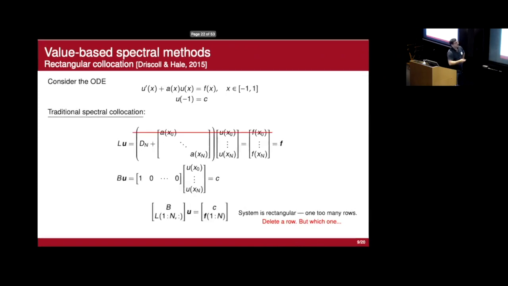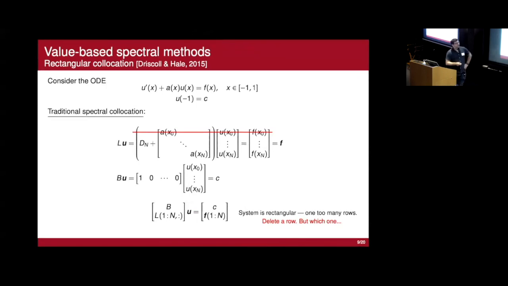Okay, well, you could say, let's just delete the first row. That corresponds to the grid point at the left, where I'm imposing a boundary condition. So I'm just going to cross that out, take all the ones below it, and put my boundary condition where that was. And while maybe this is natural for this example, if you have a more complicated boundary condition that's not just a value at a left endpoint, but it's, say, an integral constraint or a sum of two values, then it's really unclear in physical space what row you should get rid of.